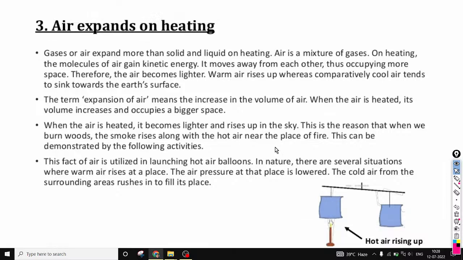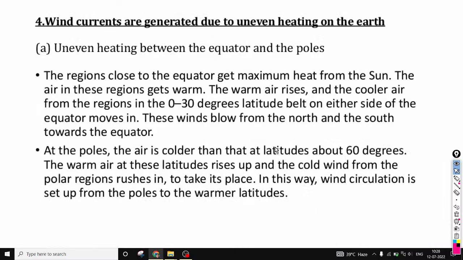And next we have: wind currents are generated due to uneven heating of the earth. So why are wind currents generated? Due to uneven heating. Uneven heating means the surface of your earth is not equally heated by the light of the sun. Why?